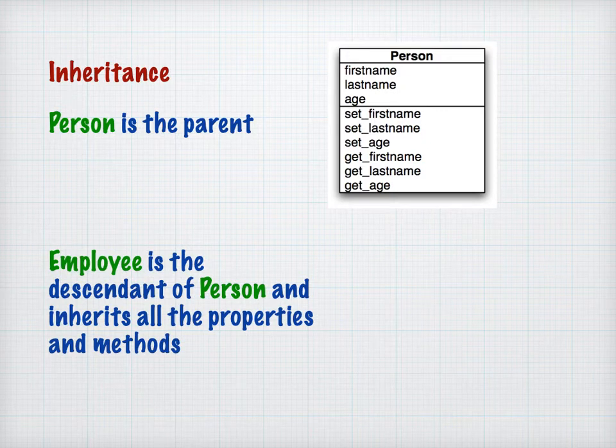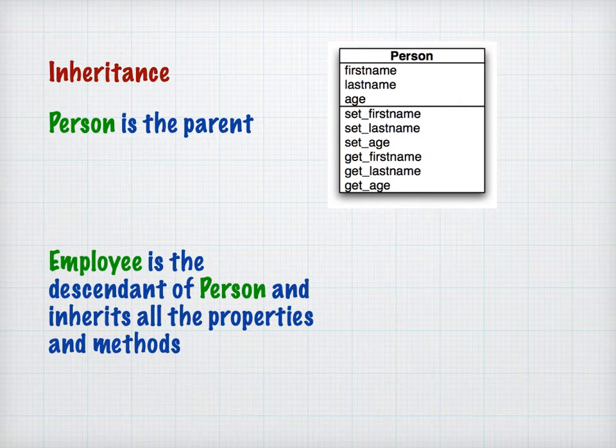That's the person class that we've already created, and it has the three properties: first name, last name and age, and it's got those set and get pairs that we're familiar with: set first name, set last name, set age, and then the three accompanying get functions as well. And if you remember, those are the routines that we use to push information into the object and to pull information out of the object.